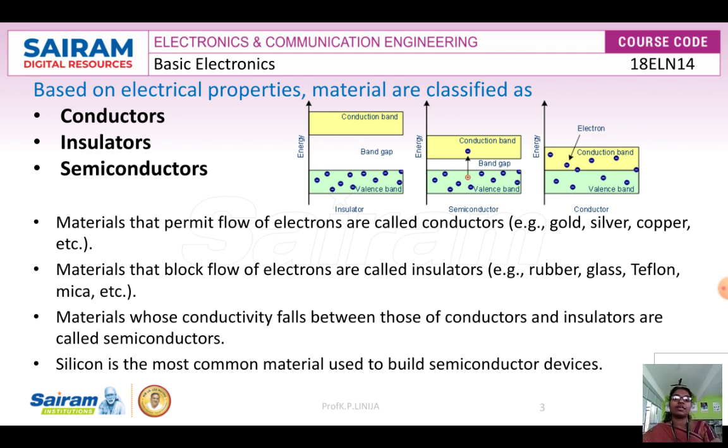The first diagram shows the energy band diagram of an insulator. It consists of the conduction band as well as the valence band, and in between them there is a band gap. This band gap varies between the insulator, semiconductor, and conductor.